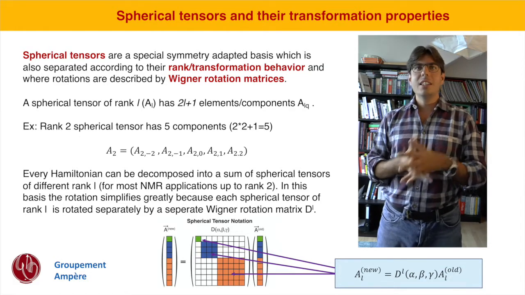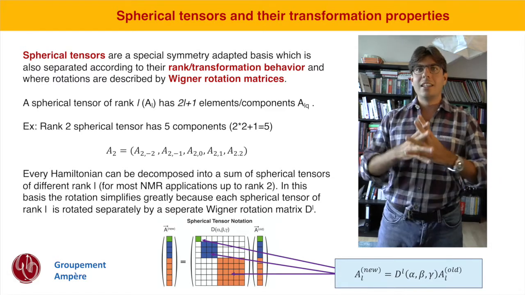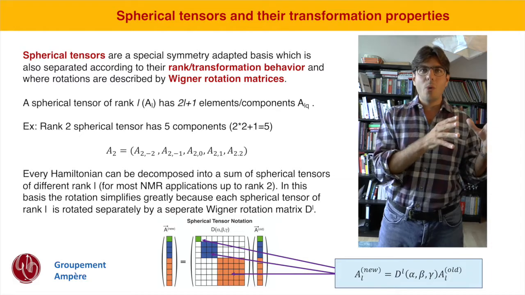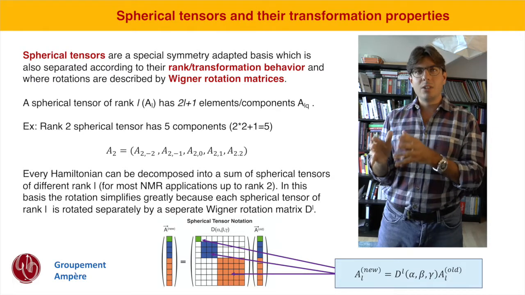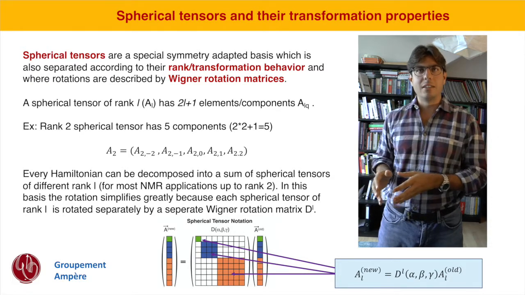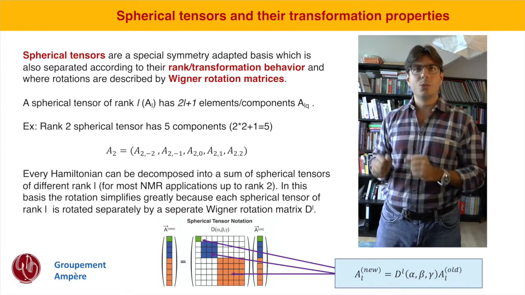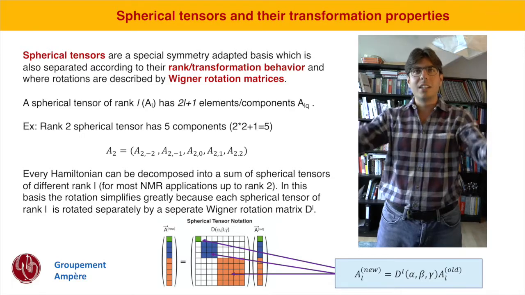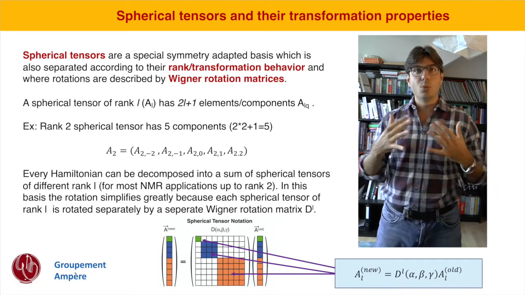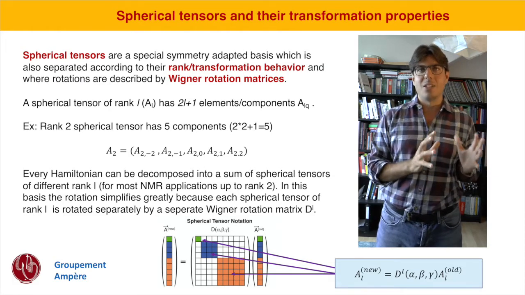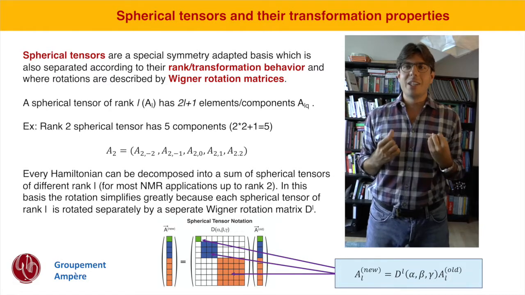And when using a spherical tensor notation, then rotations are greatly simplified. Why? Because you're only rotating the individual tensors of the individual ranks, meaning that you rotate a rank 0 tensor, you rotate a rank 1 tensor, you rotate a rank 2 tensor, but you do not rotate the full object at once. And the rotations are carried out by so-called Wigner rotation matrices. And how does a spherical tensor look like?